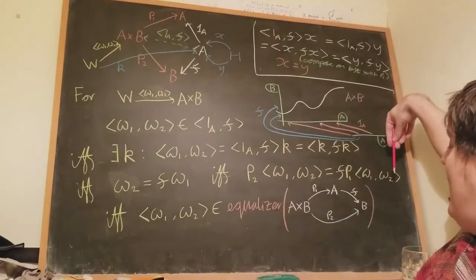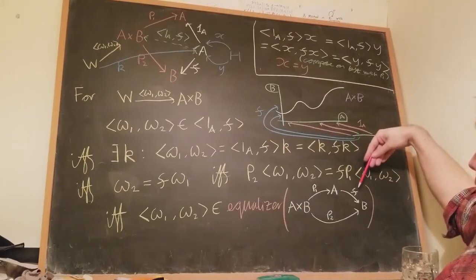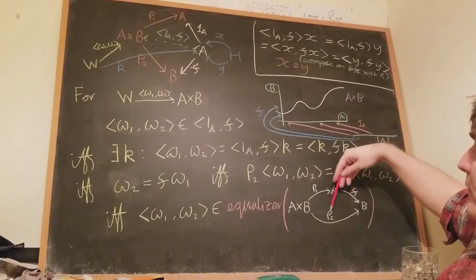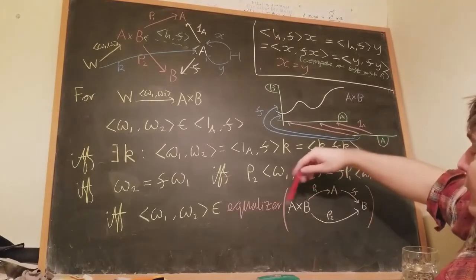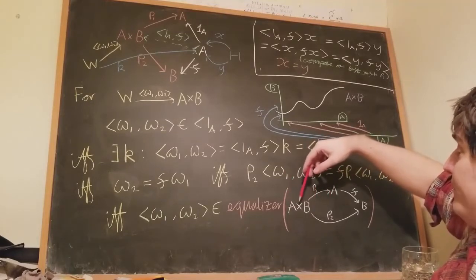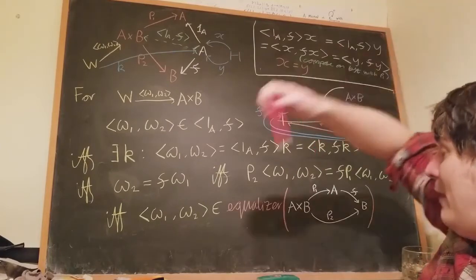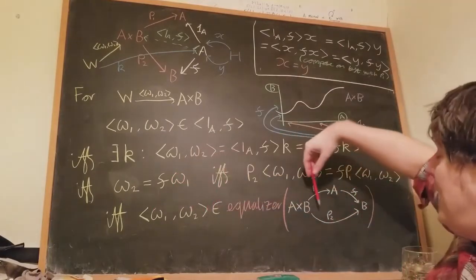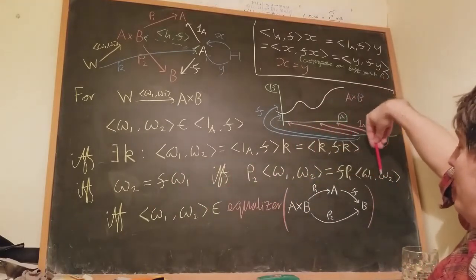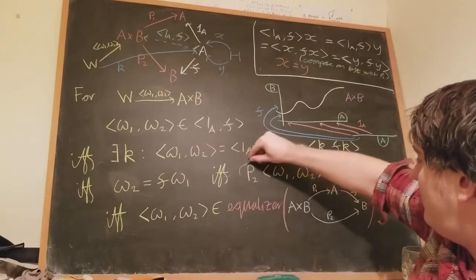So if you think about the equalizer of f after P1 and P2, that's going to be a subobject of A times B, and an arrow W1, W2 is going to be in such an equalizer precisely when this kind of thing holds true.